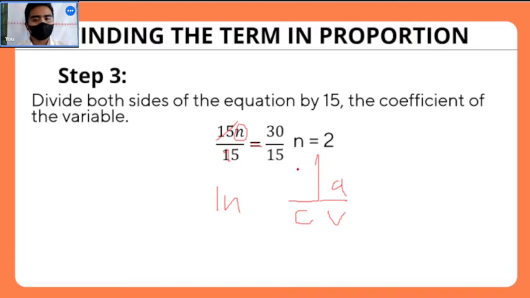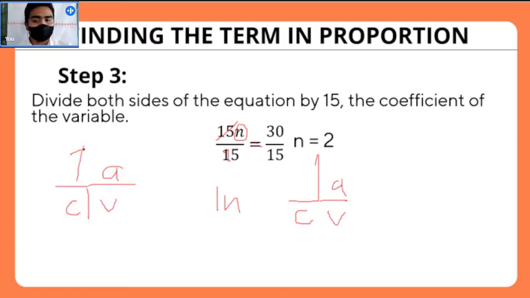But if you just write a variable and you don't have a coefficient, there is always an invisible 1.